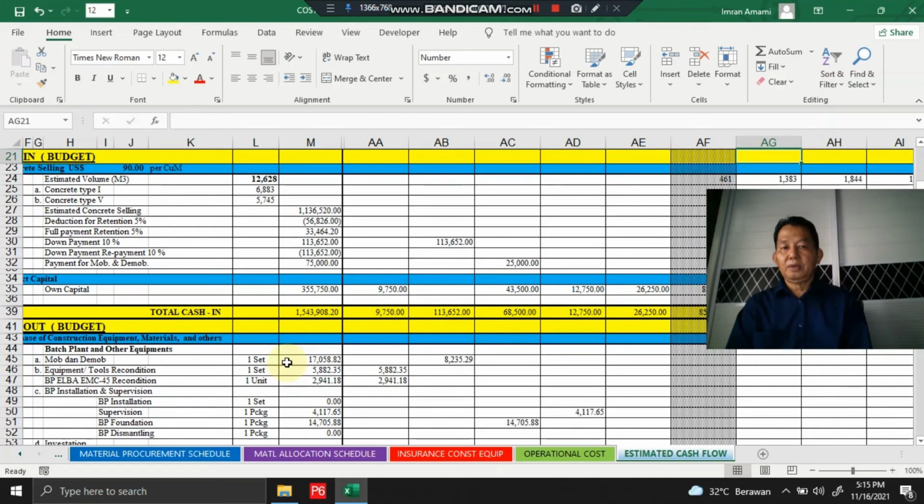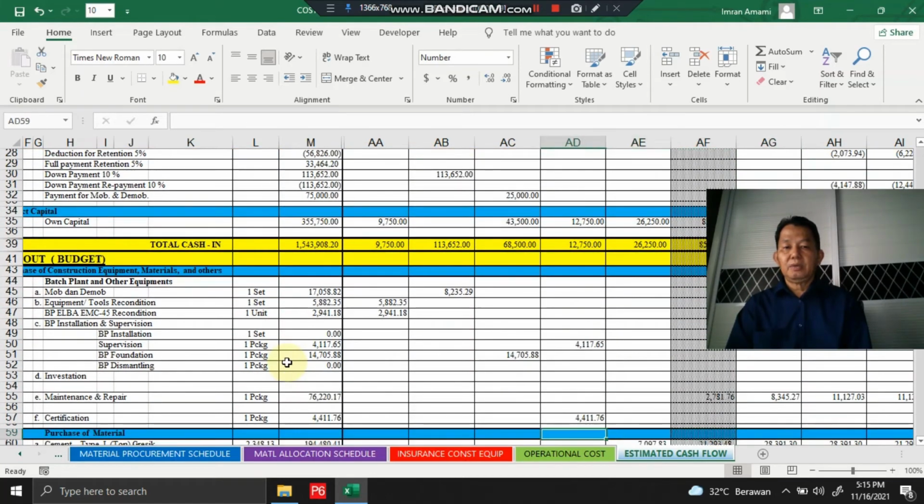We allocate this cost 3 months earlier for the construction of the batching plant foundation, and 2 months earlier, before the first month of concrete supply, for the supervision.